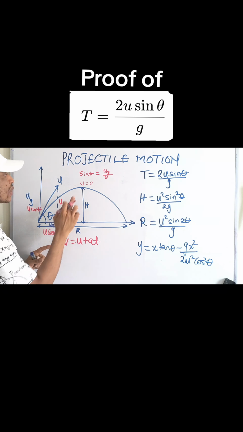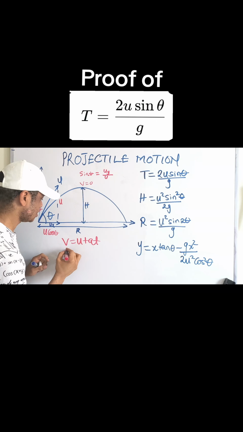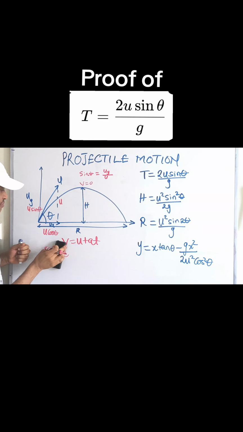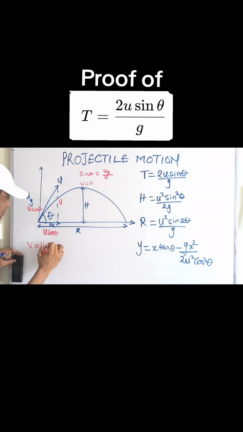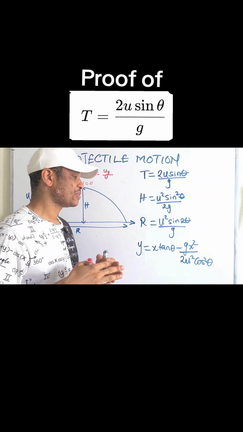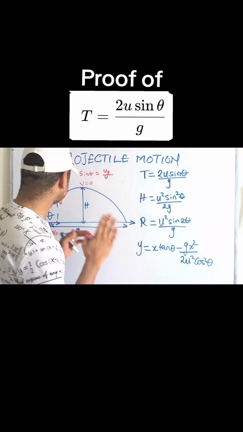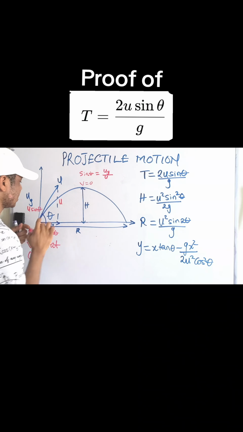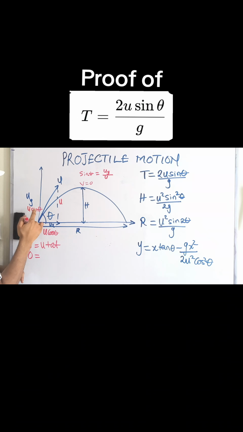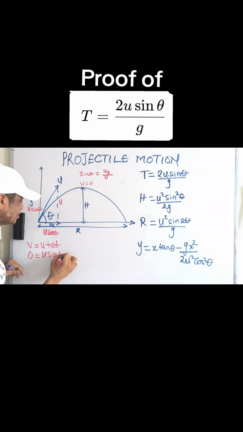Okay, so at maximum height, v is 0. I'm just going to write so that I have space. This is v equals u plus at, so 0 equals, now what is my initial velocity? Because I'm traveling up, I'm going vertical, so I'm going to take the initial velocity as u sine theta.